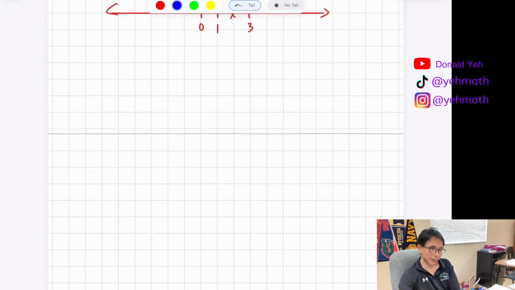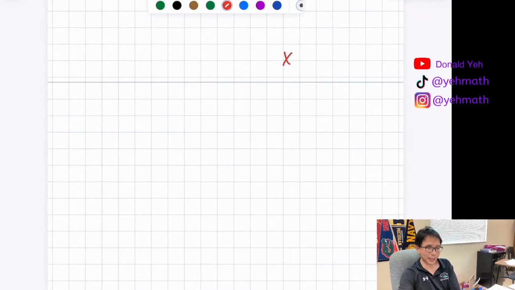If I have something like this at the end of my ratio test, then it'd be 4, because you multiply 4 on both sides. So your radius of convergence is going to be 4.